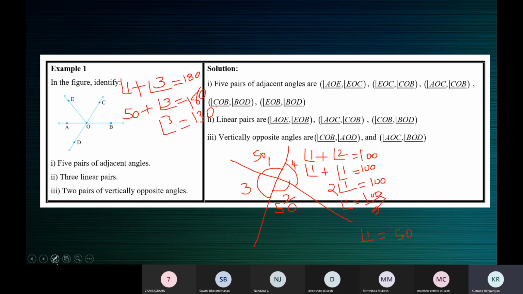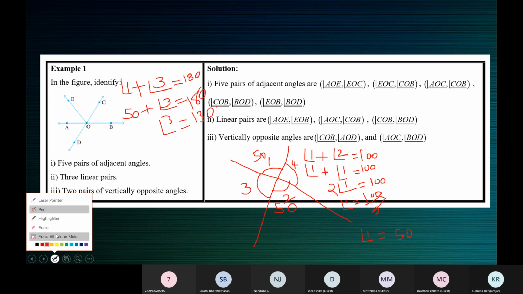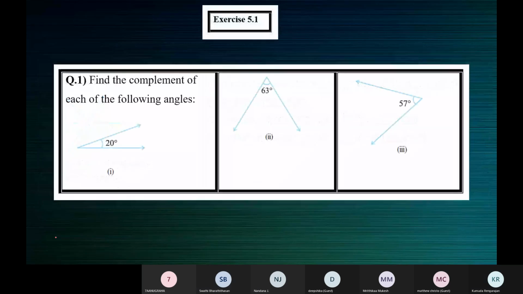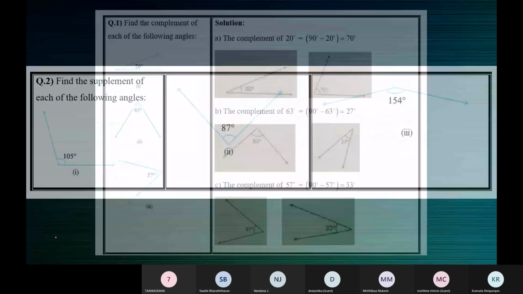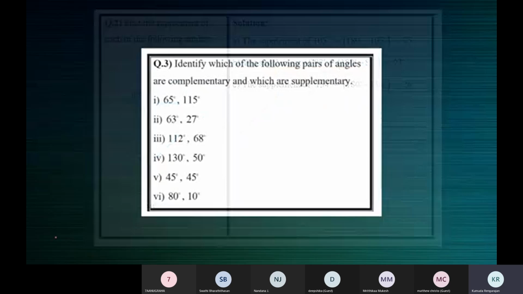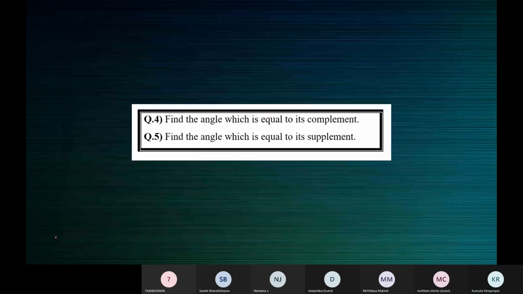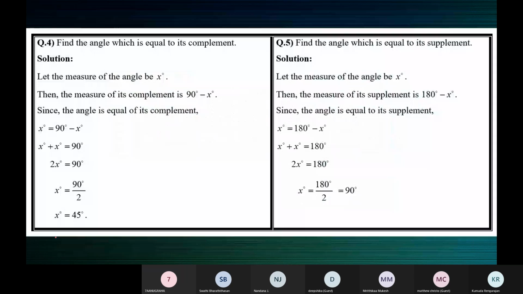Any questions, children? No doubts, ma'am. Complement, supplement, you know all this. I think we discussed this in the last class. We had to just check if they're complementary or supplementary. Did we finish?